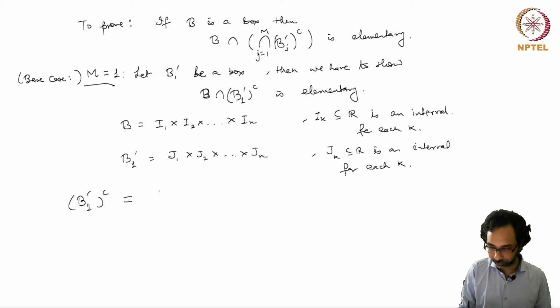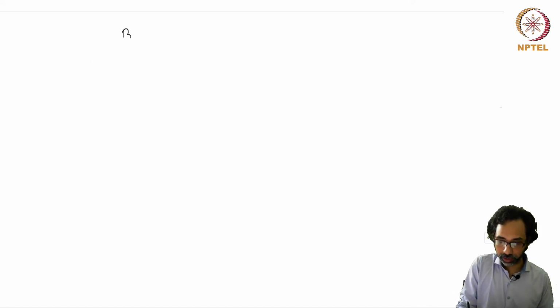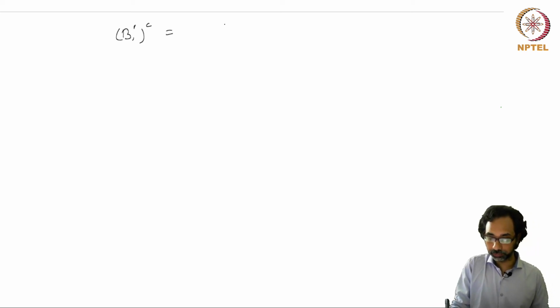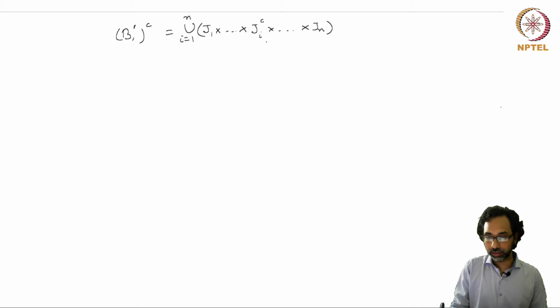B1 prime complement is equal to first a union over i from 1 to n of J1 cross, you take the complement for the ith interval, and i varies from 1 to n.